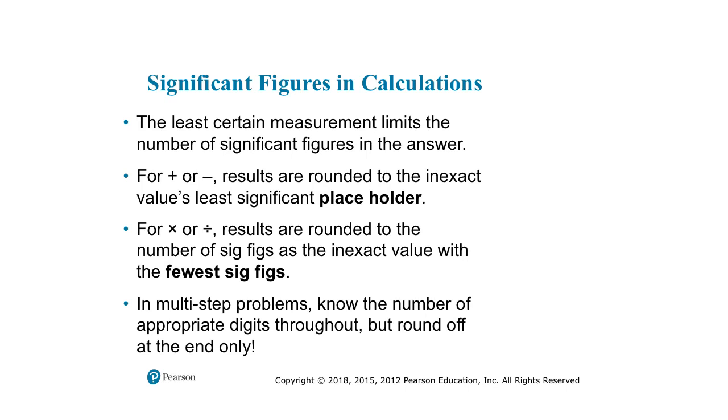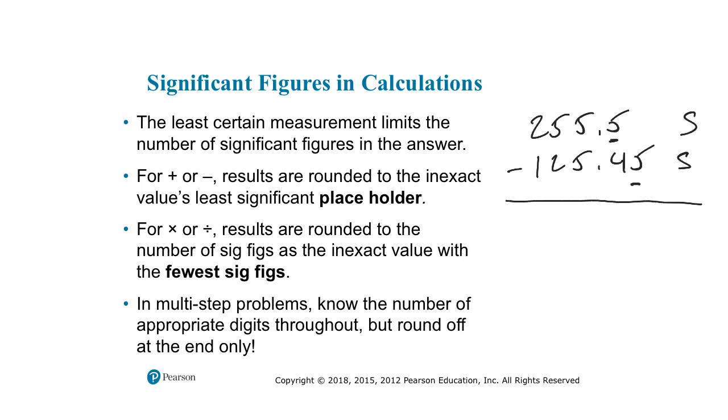Let's think about that for a moment with an example. Let's imagine we have 255.5, and we're doing subtraction. We're going to subtract 125.45. Let's imagine this is some measurement of time. You're going to get one placeholder and another placeholder. Maybe you're using two different devices to measure the time, hence the different precisions. If I do 255.5 minus 125.45 in a calculator, I get 130.05 on my screen.